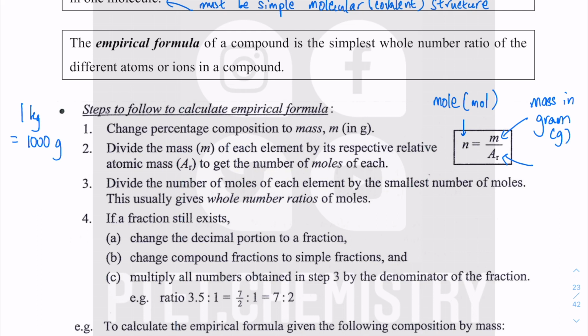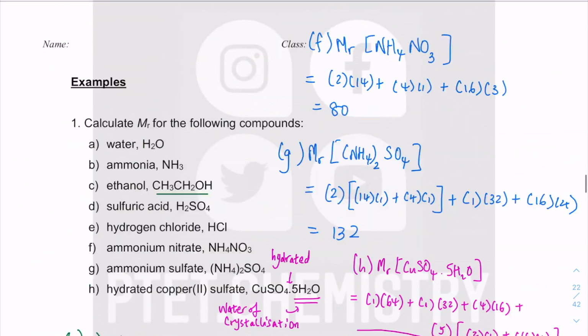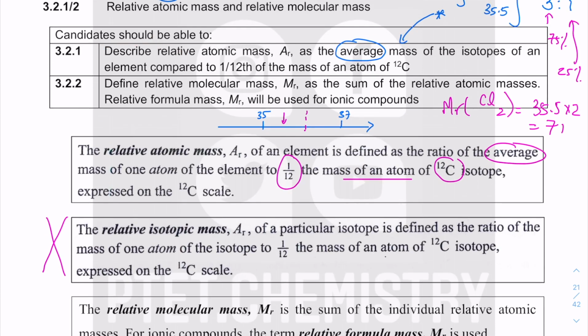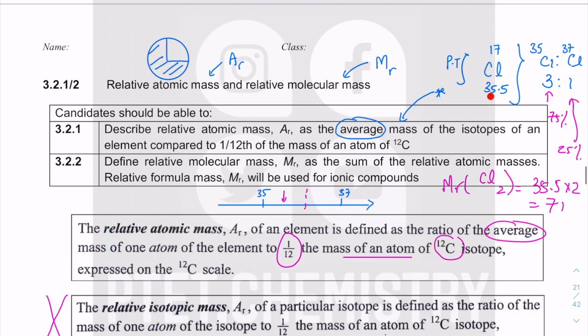Relative atomic mass was just covered in the last lecture tutorial, where it was defined. If I just go back very quickly, it's something stated in the syllabus. Candidates should be able to define it completely. Your periodic table shows you relative atomic mass.